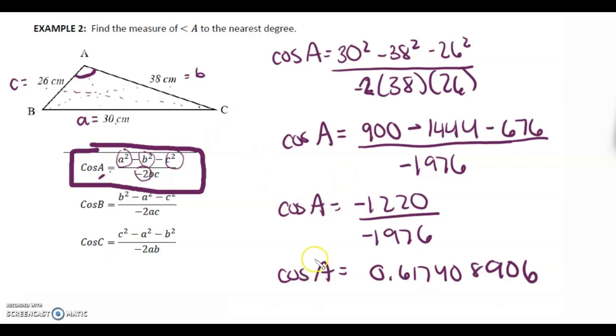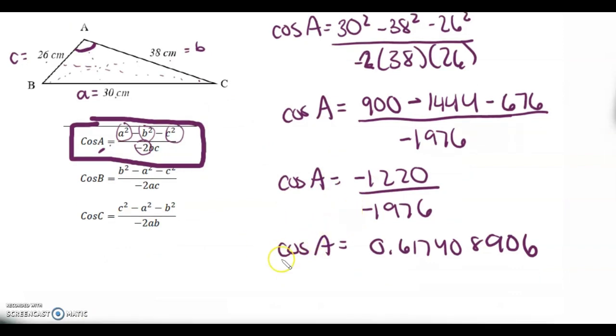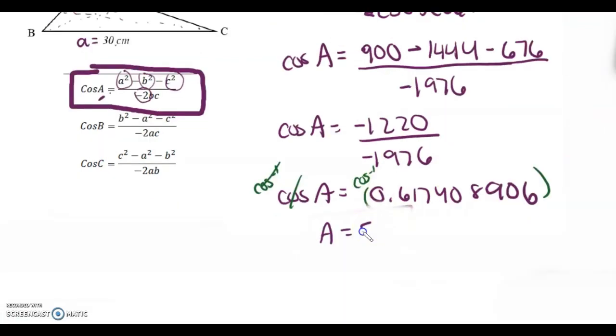So at this point, we haven't solved for A, we've solved for cos A. So we need to get the cos off of the A. So what we're going to do is we're going to cos inverse both sides. And if you left this number in your calculator, when you cos inverse it, we get A equals 51.8. So let's go ahead and round to 52 degrees.